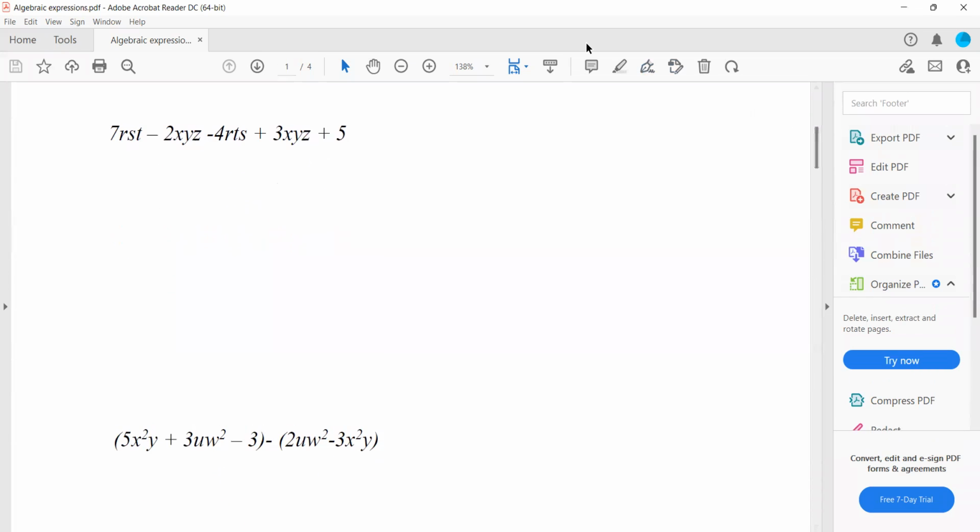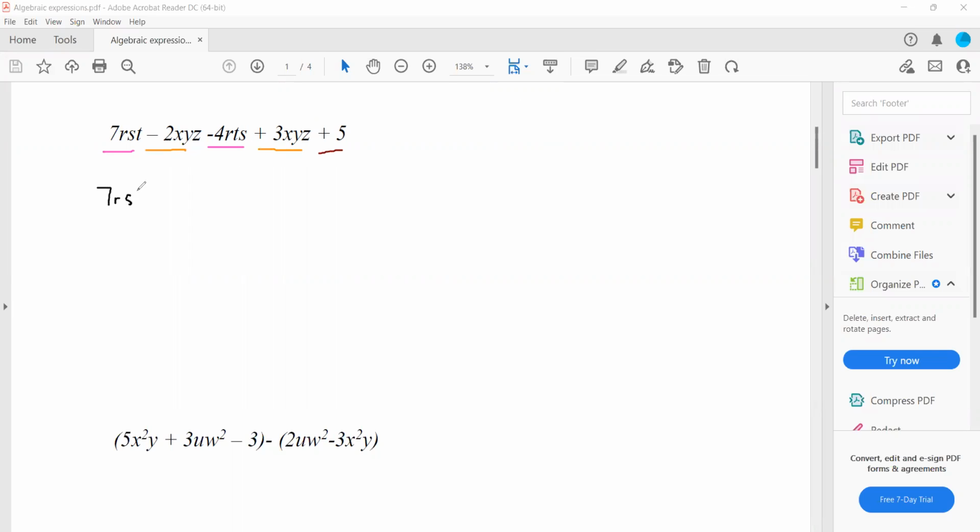So this one has no brackets, but we've got a few variables here. Again, as we did earlier, let's group them together. So we've got RST, minus 4RST. Then we also have XYZ, and another term here, so I'm going to underline it with another color. Now group them together.